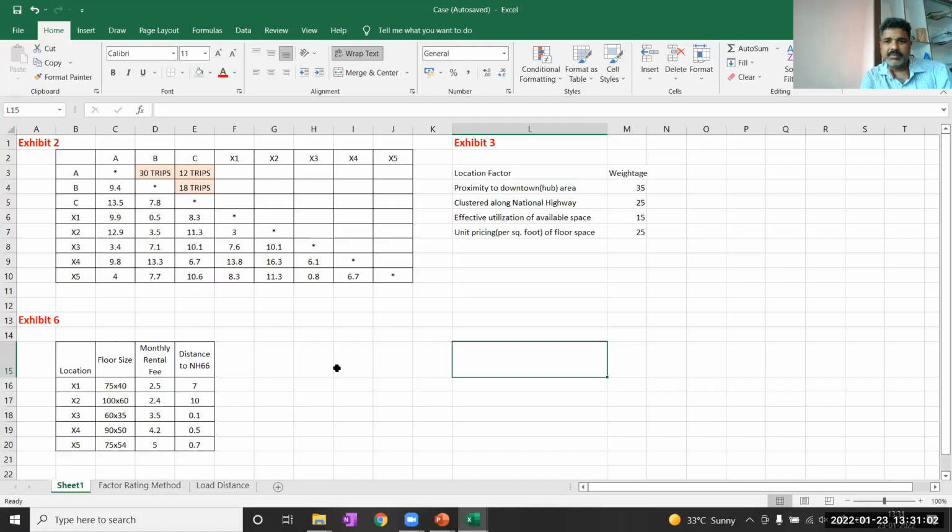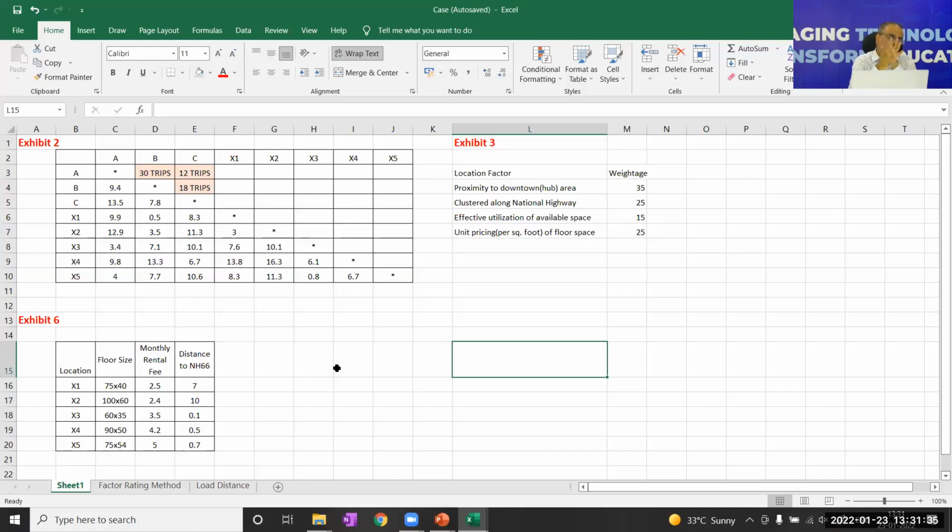The load is in terms of number of trips, because whenever any client visits for the boat purchasing, first he has to be attended at the consulting office, and from there the client has to be taken to the manufacturing facility, which is located at B and C. So facility C is Arya Marine, which is being taken over by Sumit Maritime, where small boats are manufactured, and it's a waterside area.